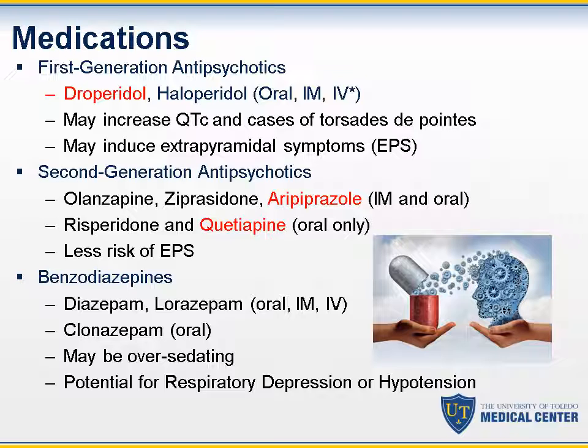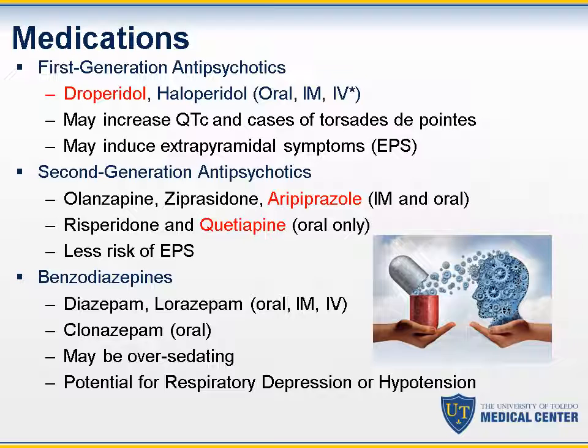Second generation antipsychotics, as seen here, cannot be given IV per the FDA guidelines. There is some data to support olanzapine and ziprasidone as IV in the critical care population, but no data that I have seen for use in the emergency department, and the FDA only has it approved for IM and oral administration.